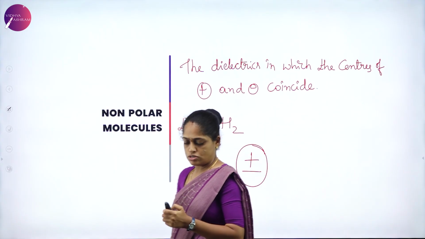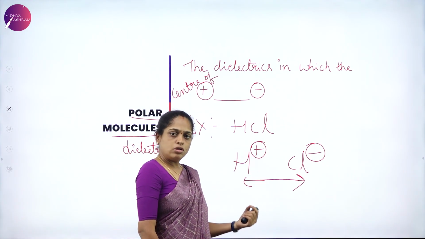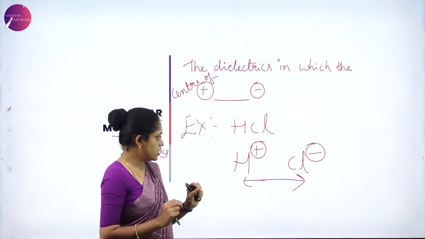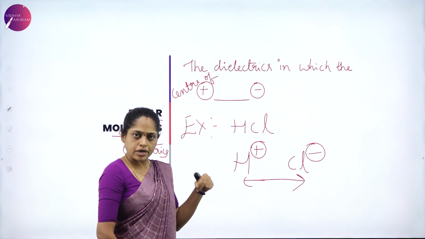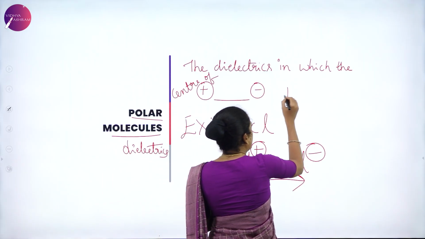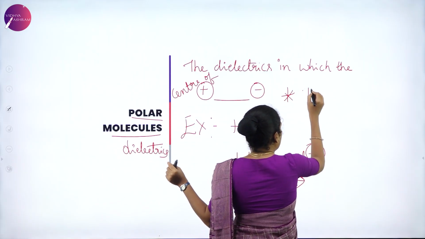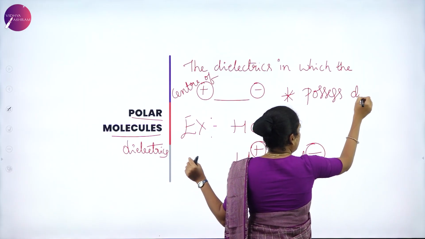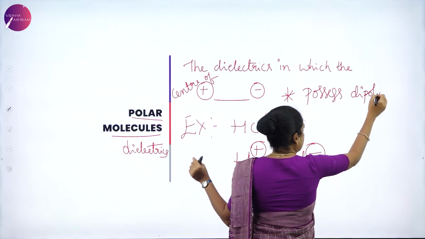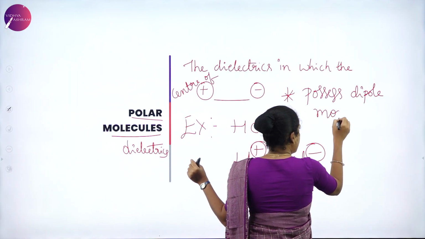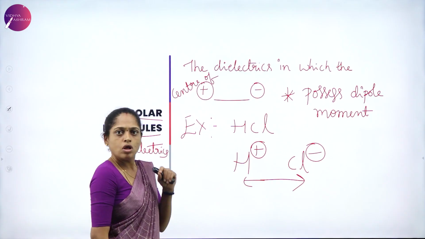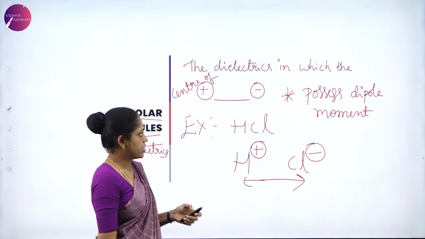Since in polar molecules the positive and negative charges are separated by some distance, it is an electric dipole having a dipole moment. So the polar molecules possess dipole moment. This is another point about polar dielectrics.